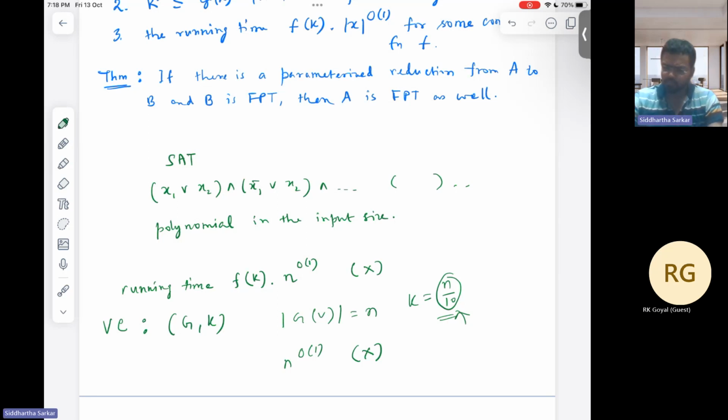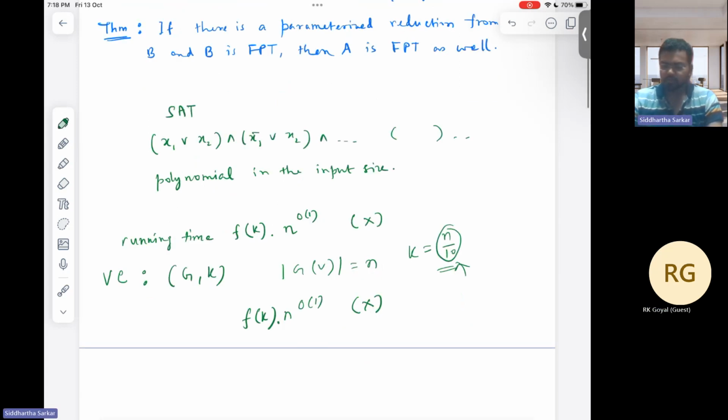But if I give you some liberty in time, f of k is not necessarily a polynomial function. As we have seen, f can be 2 to the power k or 3 to the power k. So even if I give you that much time, maybe 3 to the power k times some polynomial in n, that much time will not be sufficient to answer the question for a fixed parameter intractable problem.